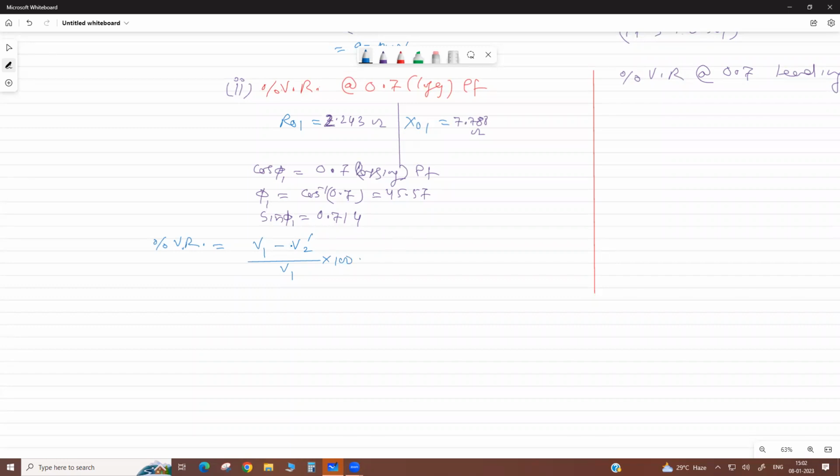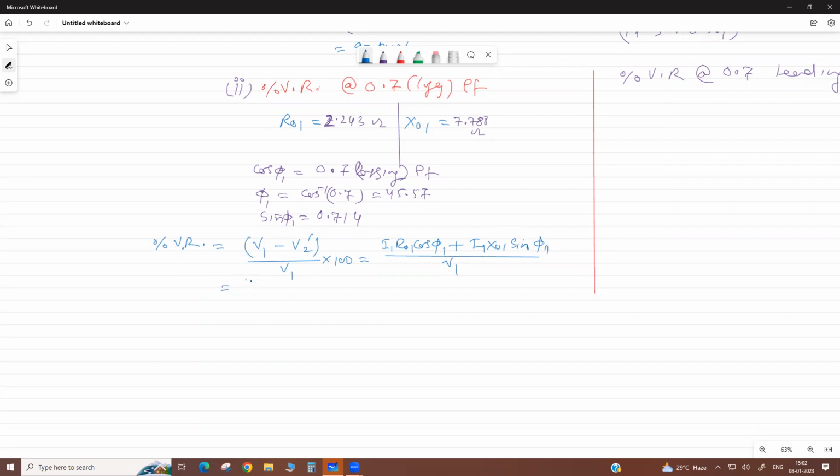If we calculate V1 minus V2 dash, that is I1 R01 cos phi 1 plus I1 X01 sin phi 1. Sorry, sine here. This is sine, okay? Correct, as referred to the primary side, divided by V1. So you just put in the values.